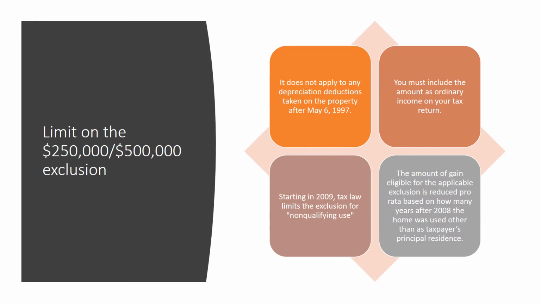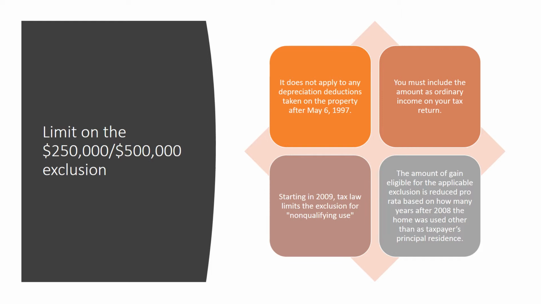However, starting in 2009, the tax law limits the $250,000 or $500,000 exclusion for taxpayers who initially used their home as a rental, vacation home, or for any other use than as a principal residence, aka non-qualifying use.